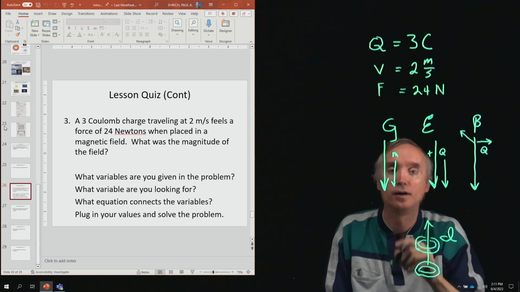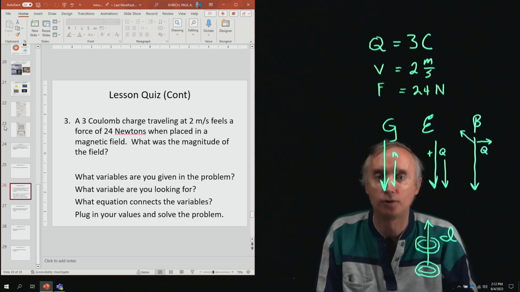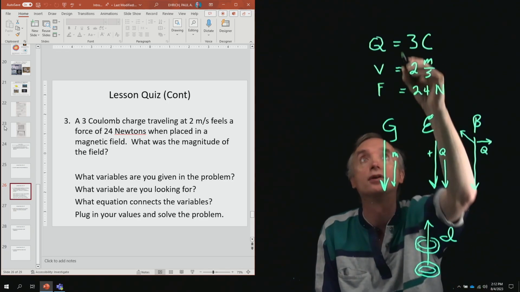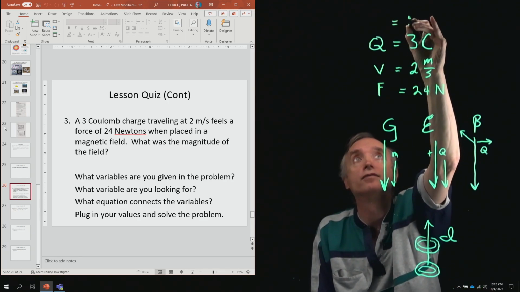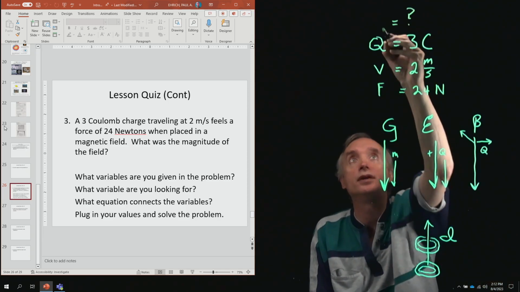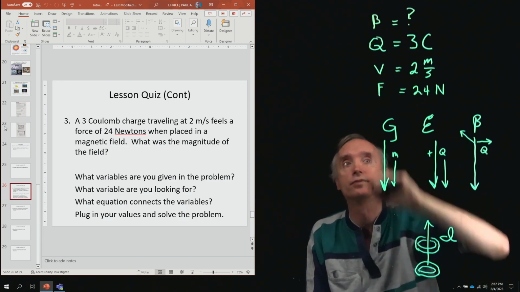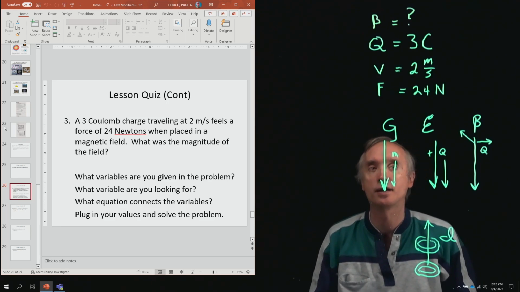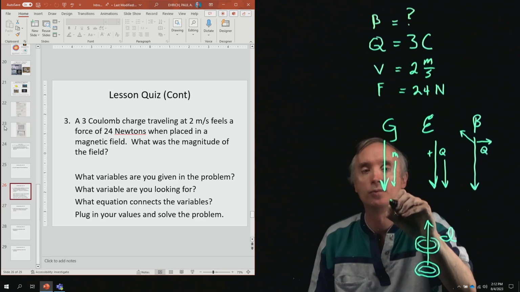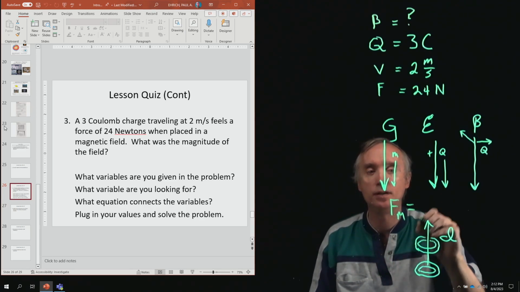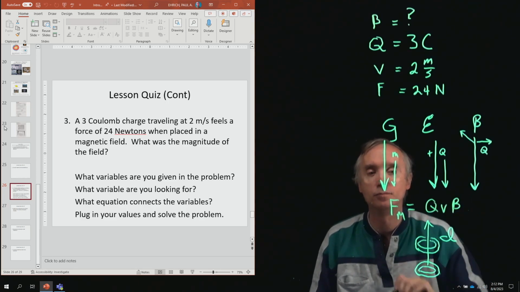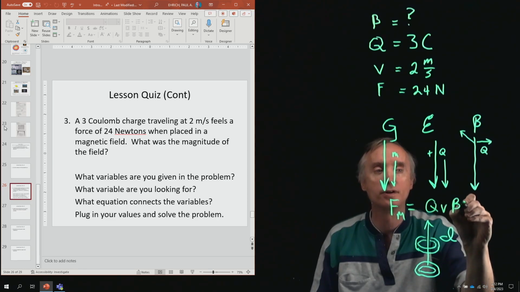And then what variable are you looking for? It says what was the magnitude of the field. So what we are looking for is the magnetic field. Okay, then the next thing says what equation connects the variables. So the force of magnetism is equal to Q, V, and B. So let's plug in our numbers.